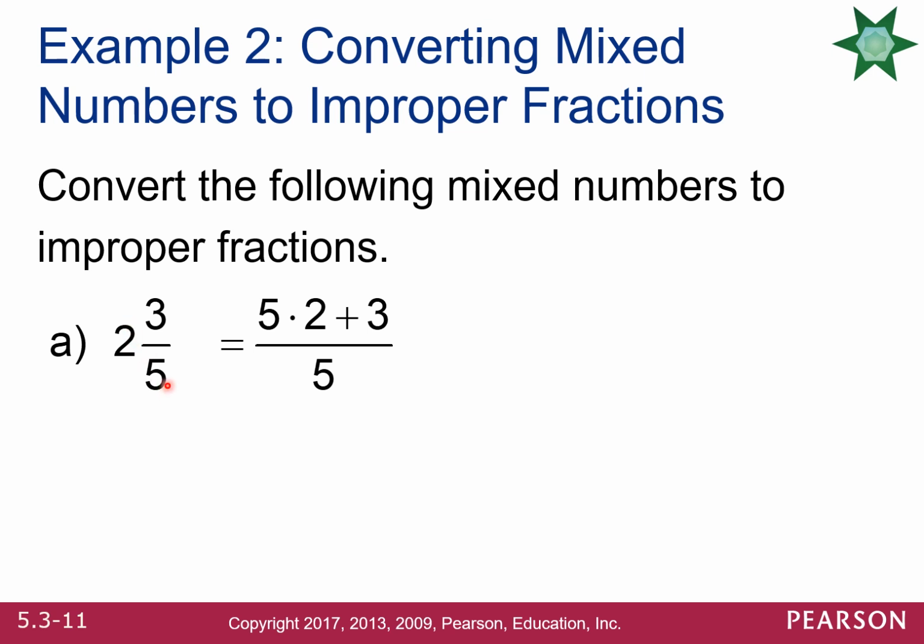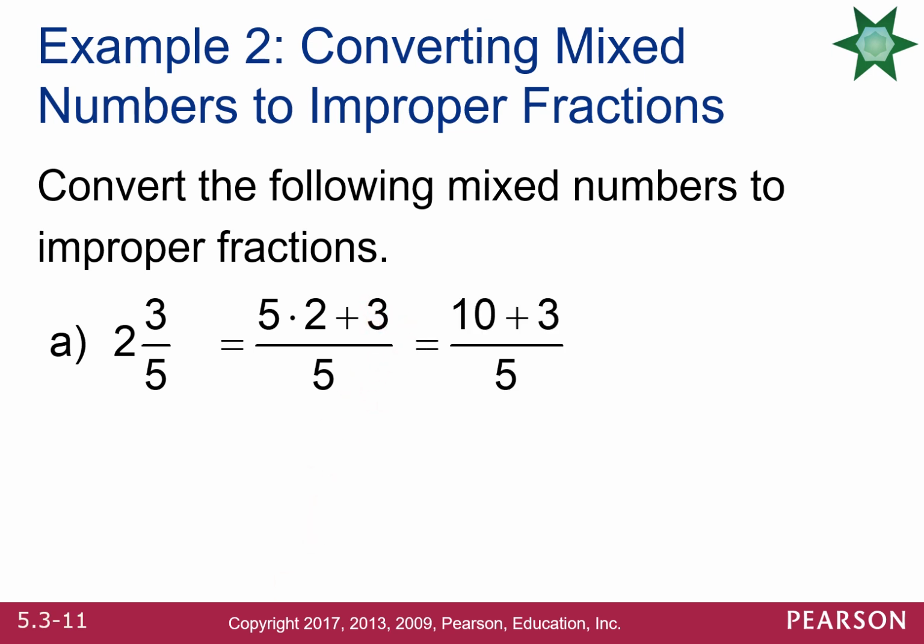So the denominator multiplied by the integer part and then added 3 to the product. Remember, by the order of operations, we must multiply first. Multiplication comes before addition. So 5 times 2 plus 3 should give us 13 over 5.